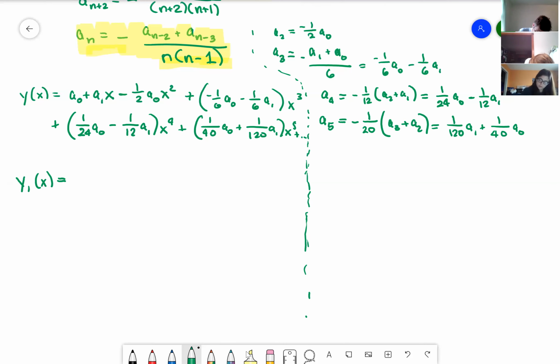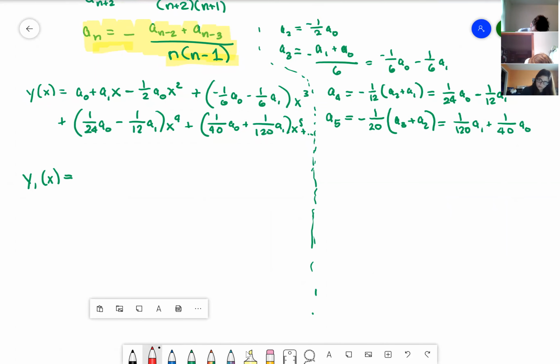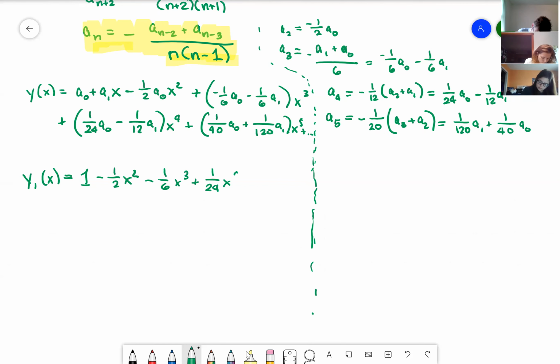Okay, so the a0 one is going to be 1, 1/2 x squared minus 1/6 x cubed plus 1/24 x to the 4th. And WebWork isn't asking for it, but we computed it, so we might as well write it down because we went through the work of getting it. Why not? We deserve it.